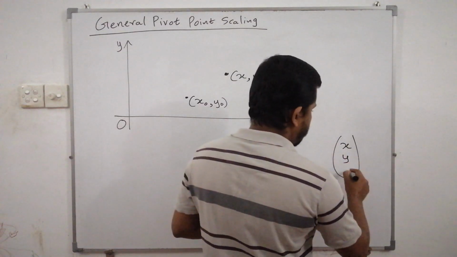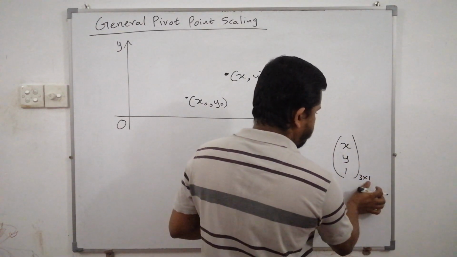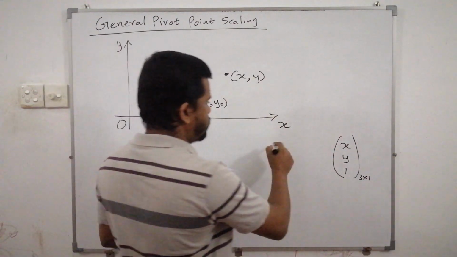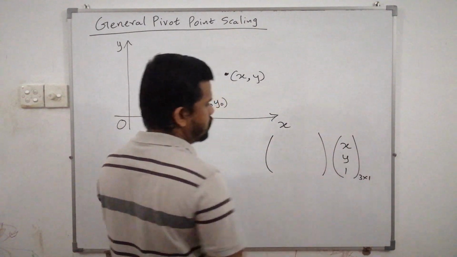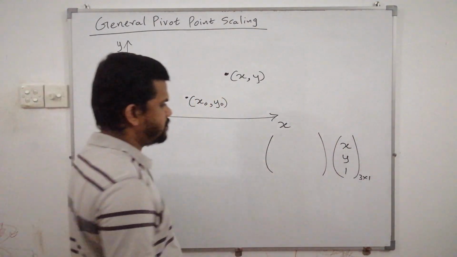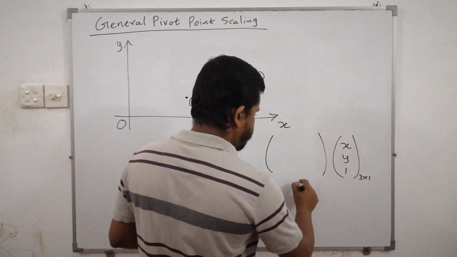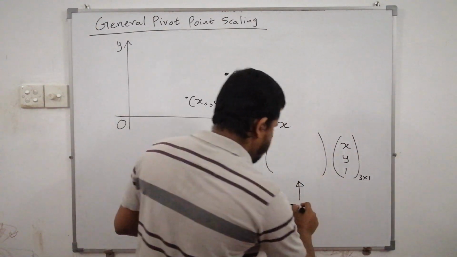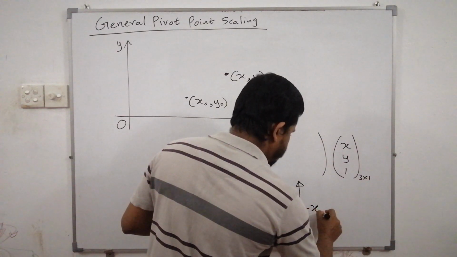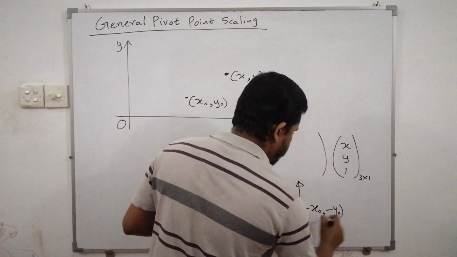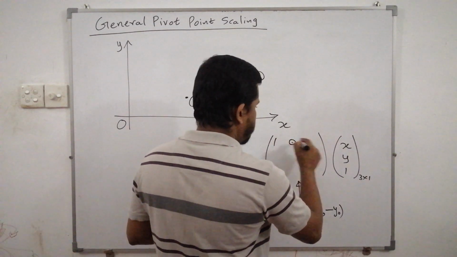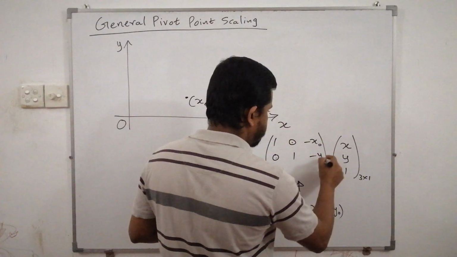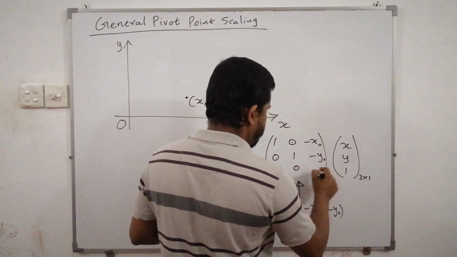Here we have a 3 cross 1 matrix, and first we write down the translation matrix with minus x naught, minus y naught: 1 0 minus x naught, 0 1 minus y naught, 0 0 1.